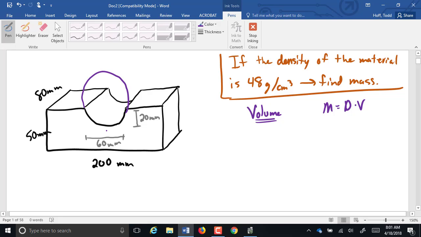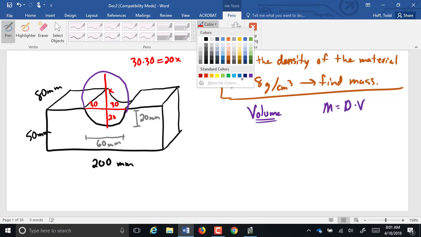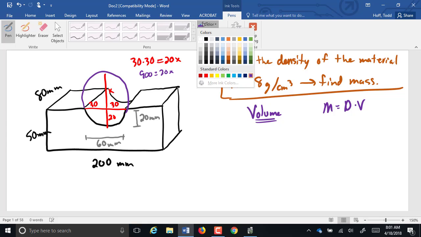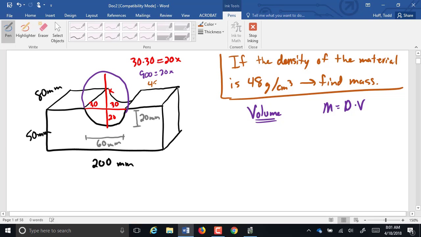So we're going to start out by completing that circle. And we're going to draw this in here. This is 30, 30, 20, and x. We know that 30 times 30 equals 20 times x, which gives us 900 equals 20x, or 45 equals x.